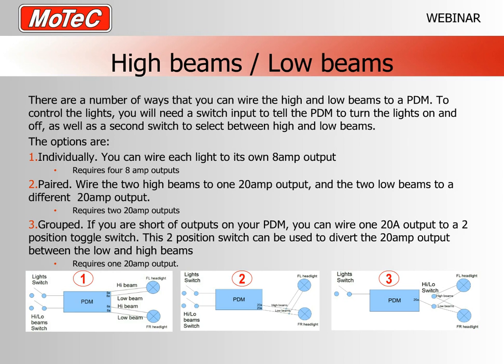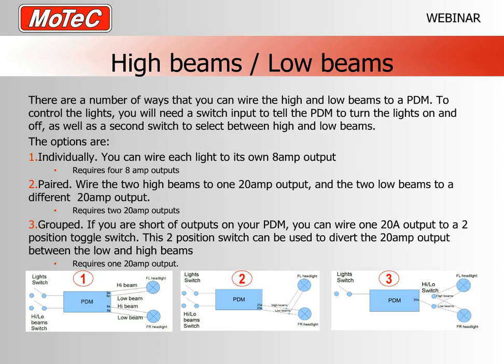The third option, which would be one that may be required if you have a heavily loaded PDM and you are perhaps a little bit thin on output drives, would be to just simply have a light switch input and a single 20 amp output, which then goes via a high current high-low switch and then drives each of these lamps in parallel.